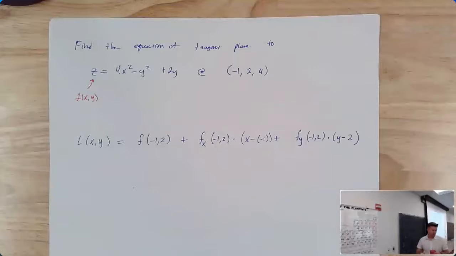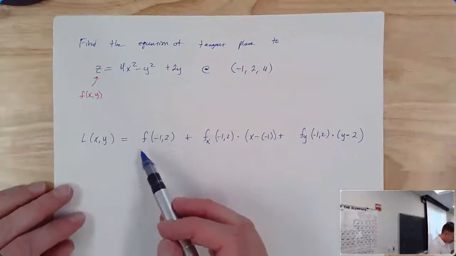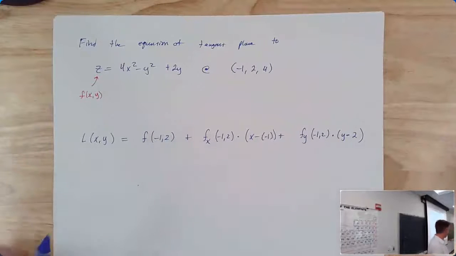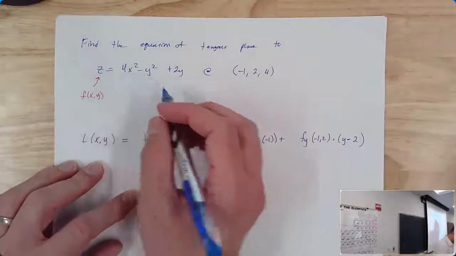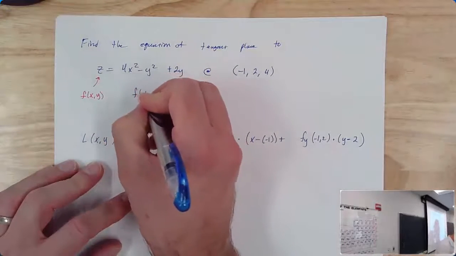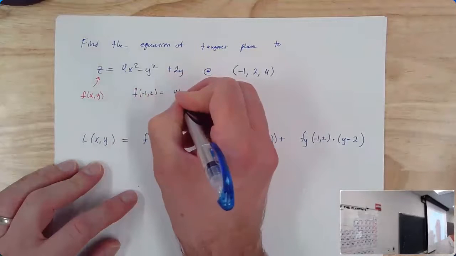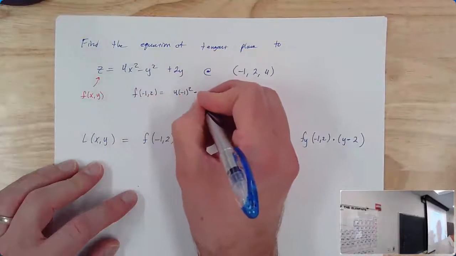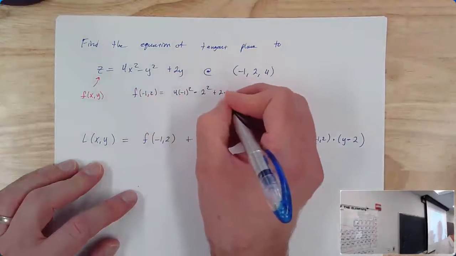So what is the function evaluated at -1, 2? What do we get if we plug in -1 for x and 2 for y? It's going to be 4 times -1 squared minus 2 squared plus 2 times 2.